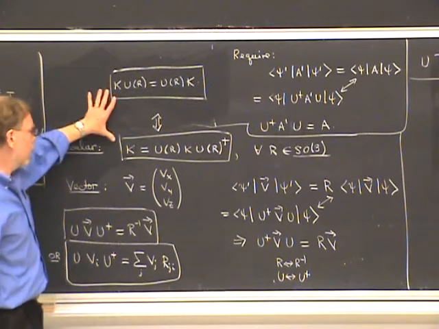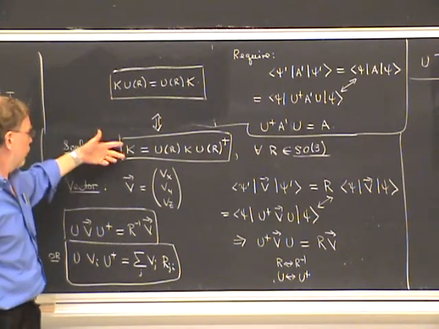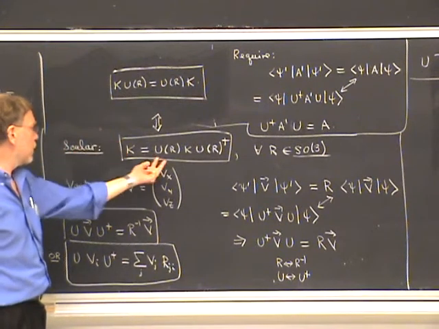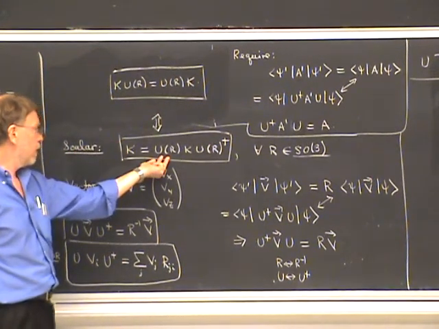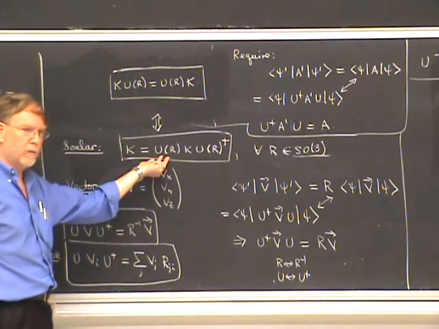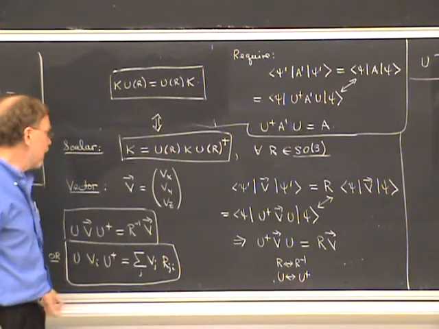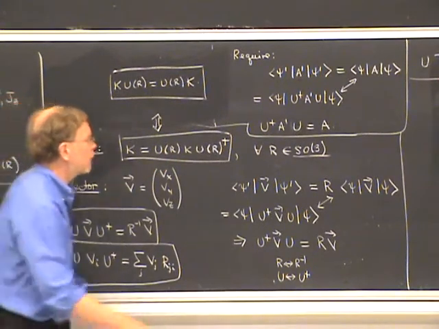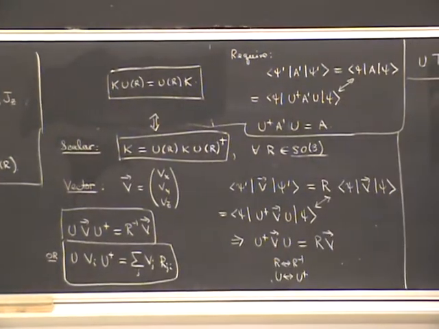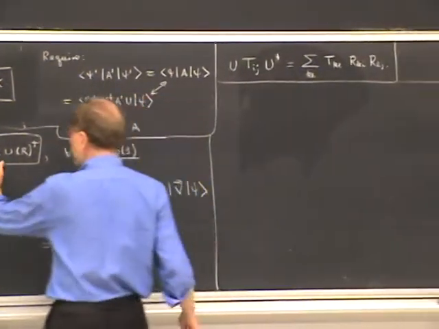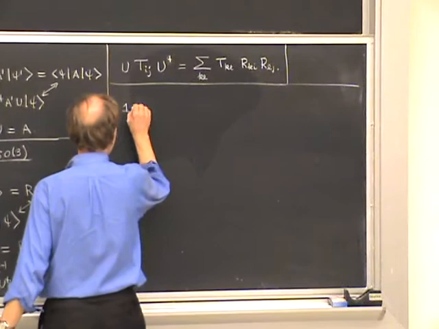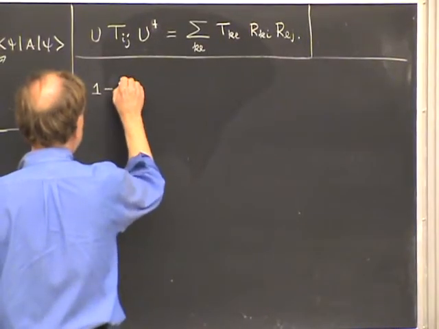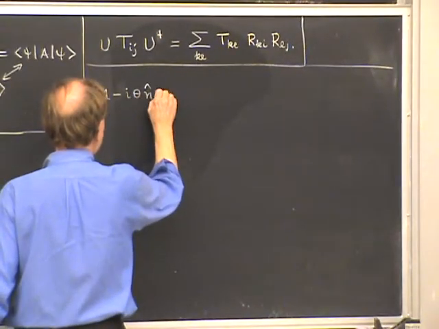Here's another equivalent version of a scalar operator. If this equation holds for all rotations, which it's supposed to here, it must hold in particular for infinitesimal rotations. So let's look and see what happens in the case of infinitesimal rotations. The u of r for infinitesimal rotations can be written this way: 1 minus i theta n hat dotted into j.